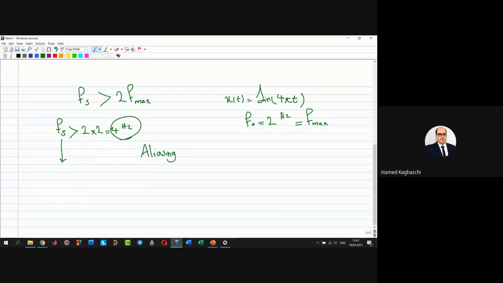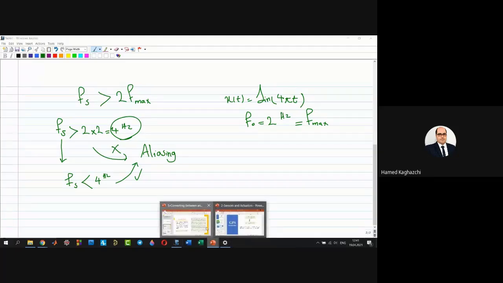But if I select Fs smaller than 4 Hertz, I will have aliasing. If I select Fs greater than 4 Hertz, I will not have aliasing.